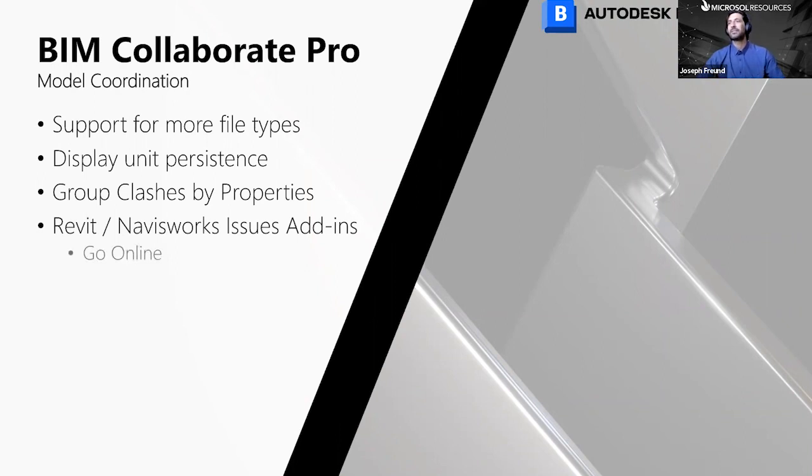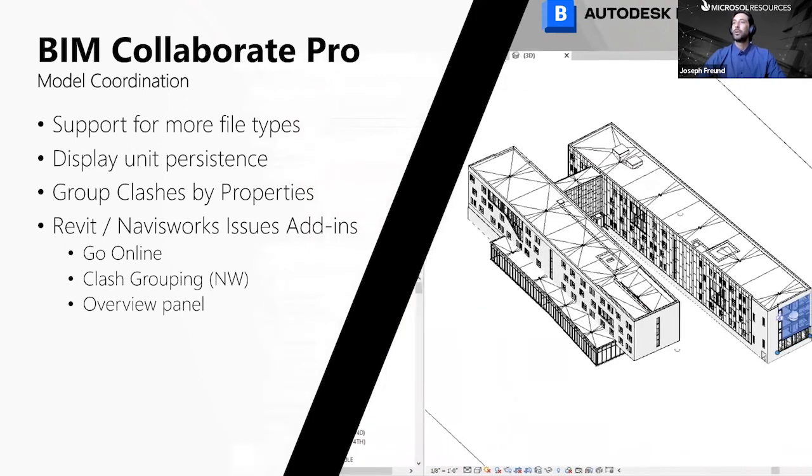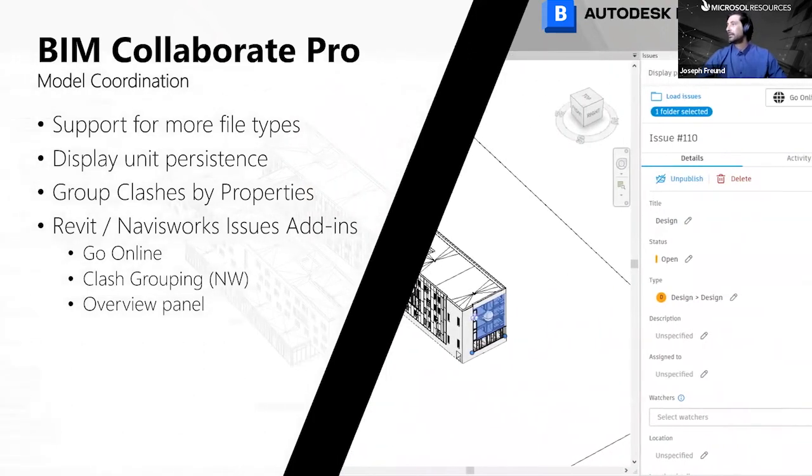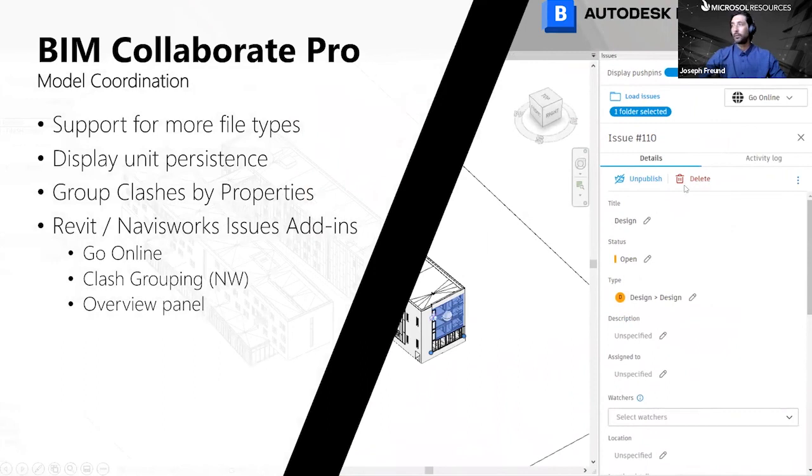There have also been updates to the Revit and Navisworks issues add-ins. So you've got dedicated buttons in there where you can go right online. You've got your flyout here, all from within Revit in the issues add-in. So you've got this button in the upper right so that you can go directly to Autodesk Docs Online, because although the issues add-in is very helpful in keeping everything within your peripheral cone of vision, sometimes you need a little more information.